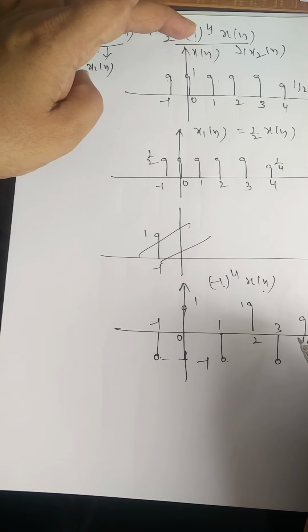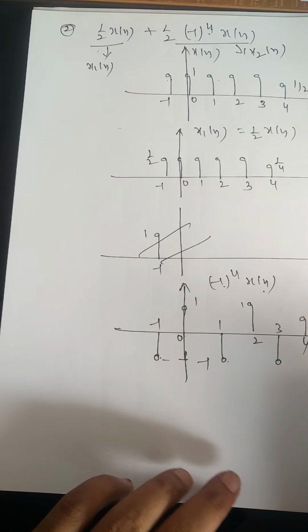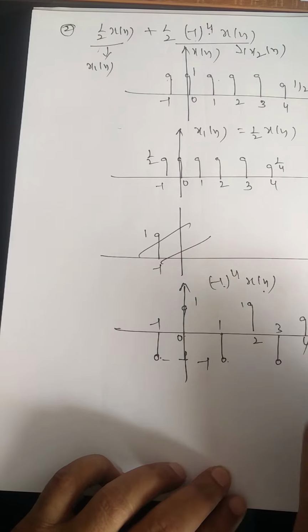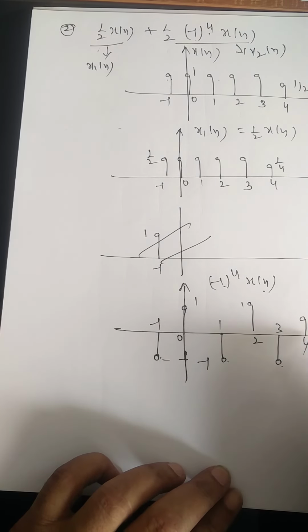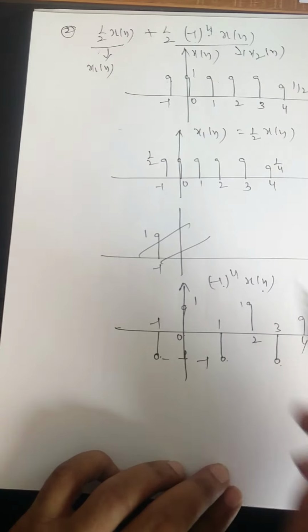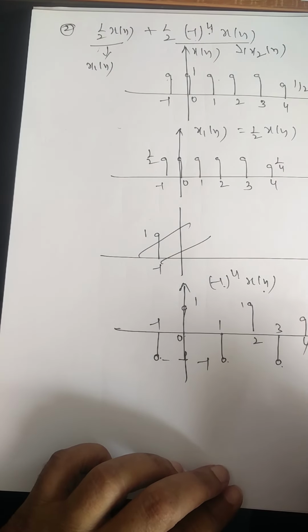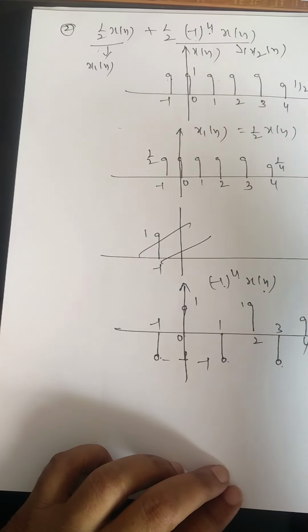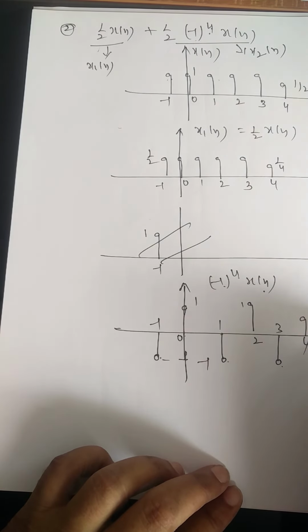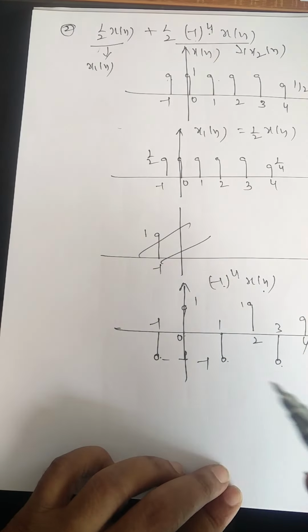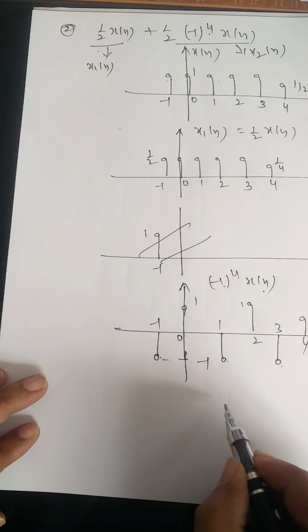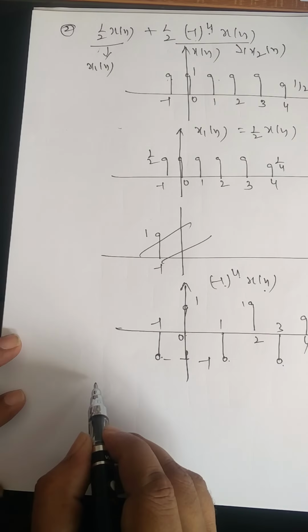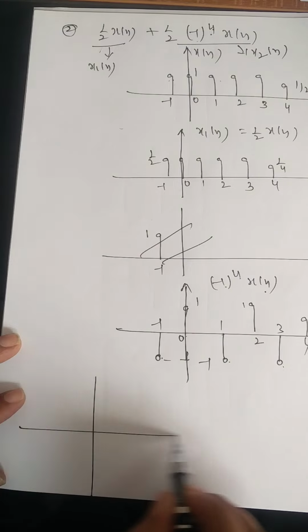When n is 3, minus 1 whole to the power of 3 will become minus 1. Minus 1 into x of 3 value is 1. It will become minus 1 again. When n is 4, minus 1 whole to the power of 4 value is plus 1. That is multiplied by x of 4 value. X of 4 value is 1 by 2. 1 by 2 into 1 will become 1 by 2. And this whole signal is divided by 2, that is the same signal I'll get, with the change in amplitude.